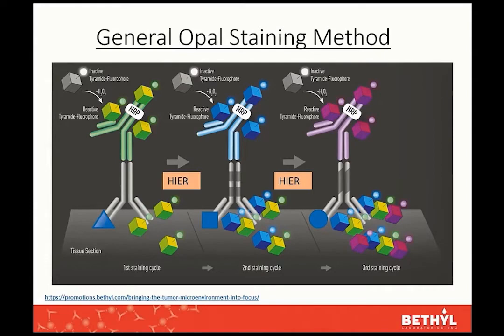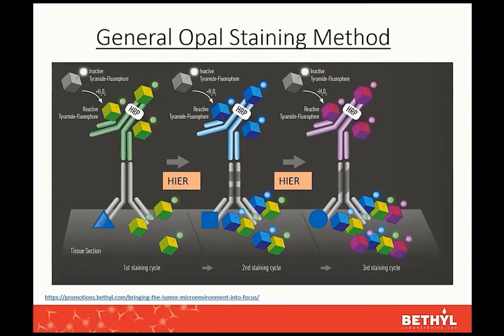Now, one of the issues and one of the pain points that we hear from our customers that are performing multiplex technique is the time it takes to validate a panel and to choose the order of the primary antibodies.